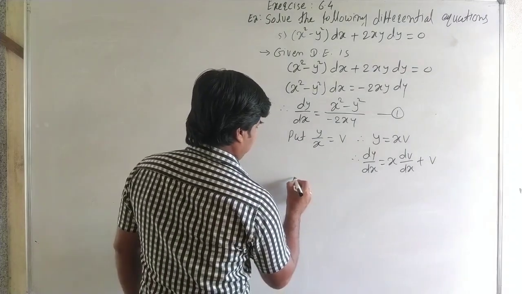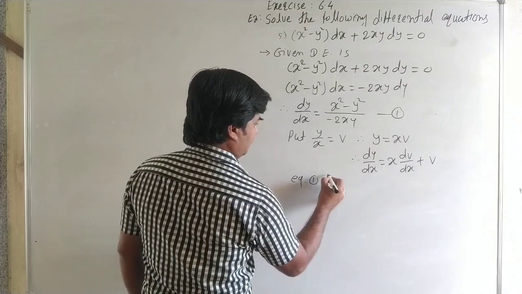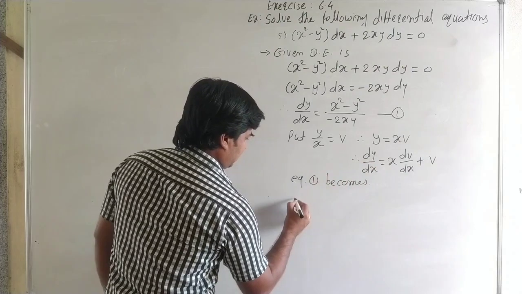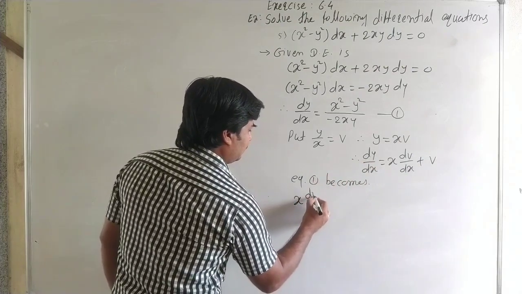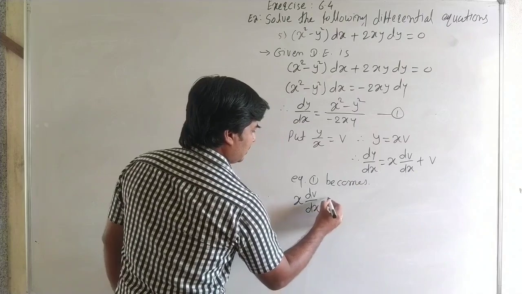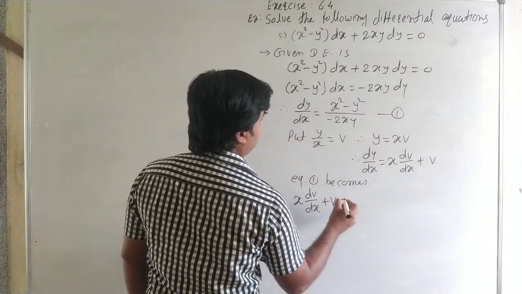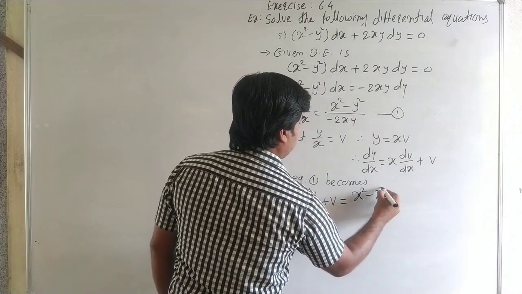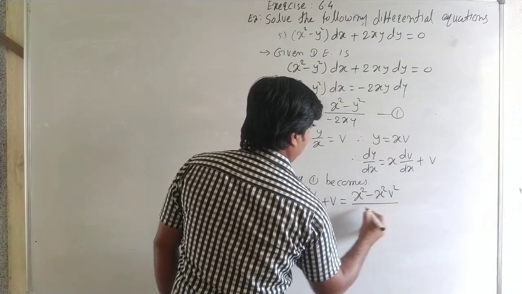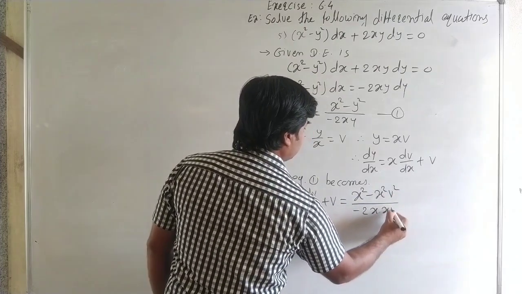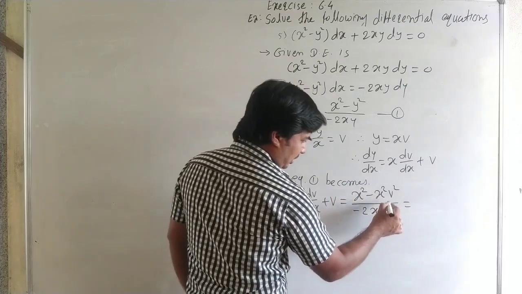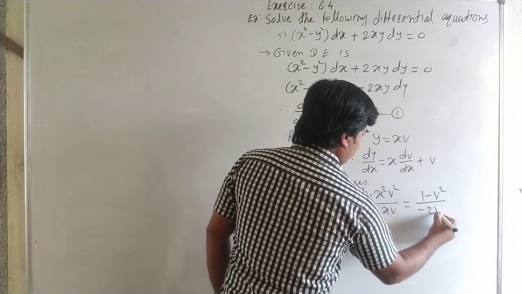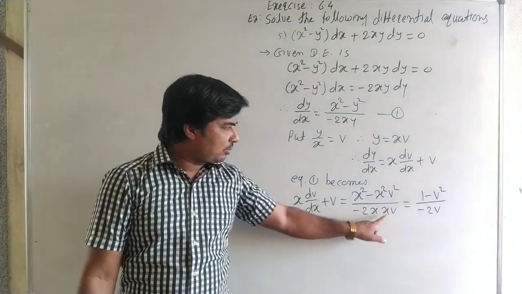Now equation 1 becomes x into dv by dx plus v is equal to x square minus y square, that is x square minus x square v square upon minus 2x into xv. Then take x square common and cancel this x square. 1 minus v square upon minus 2v. See carefully this, it is minus 2v.